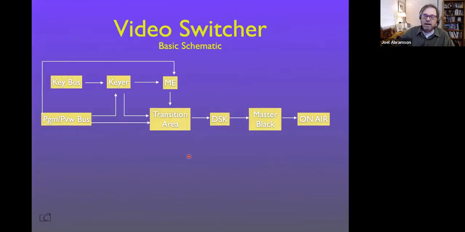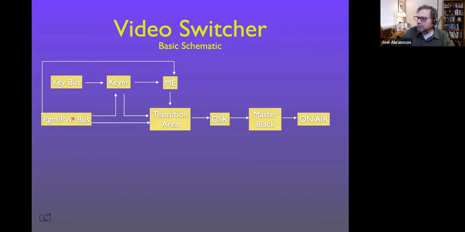Now, on our switcher, this is a schematic of the electronic flow of our key, okay? We have the program preview bus on the switcher, and normally that just goes to the transition area where we do cuts or wipes or dissolves, and then that goes out on air to our recorders.